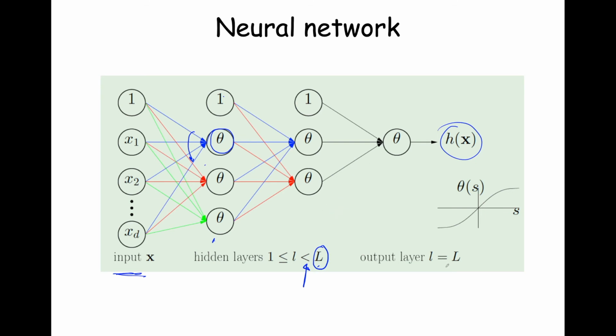Now this output layer is big L, and we use little l to index and identify the hidden layers, and then this index L is big L, corresponding to the output layer. Now, one example of this nonlinear function theta, sometimes called a squashing function, is the sigmoid. Also, the hyperbolic tangent, tanh, is a popular choice.